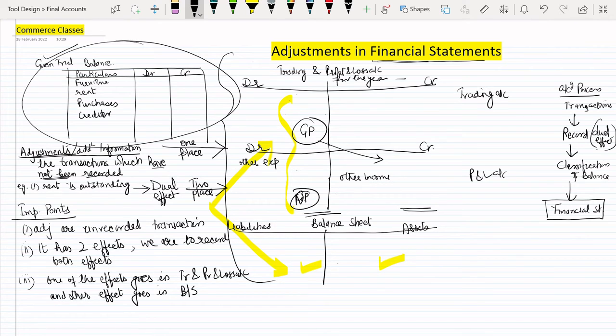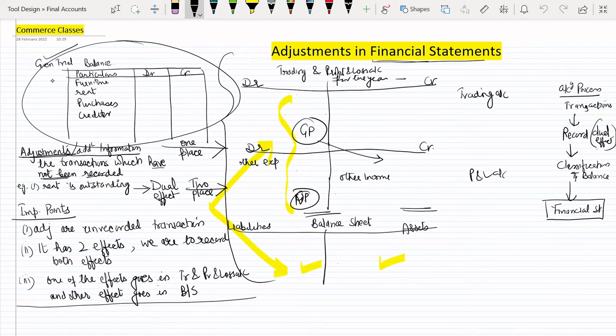All right, so we are to remember these things only. So irrespective of the number of transactions given to us, we are supposed to consider the two effects and then record them, one in the trading and P&L, another in the balance sheet.